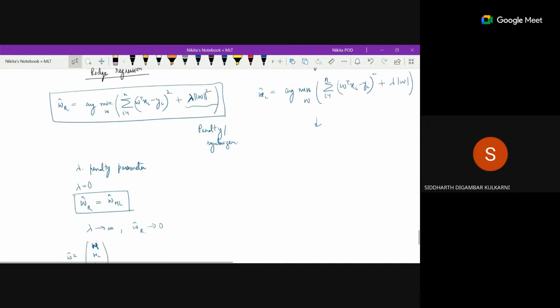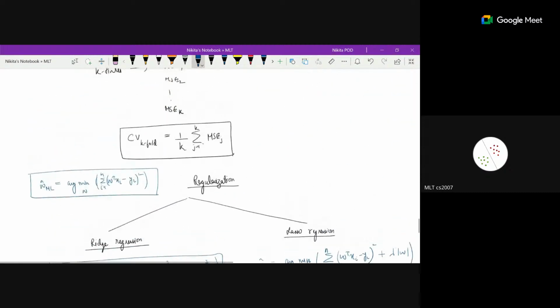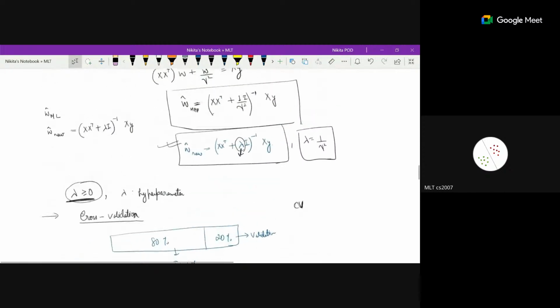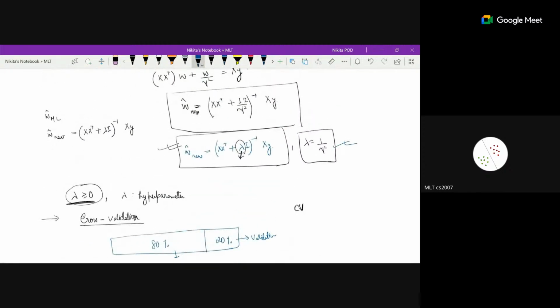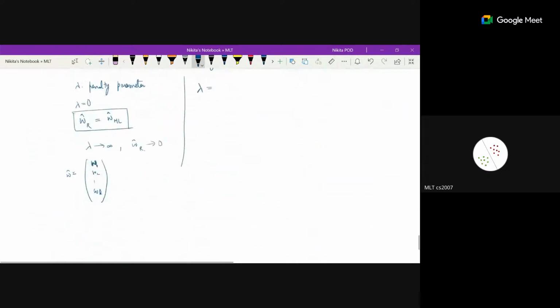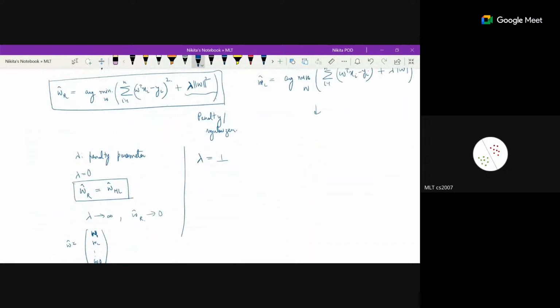What about lambda, madam? What will be the effect of lambda on this? Lambda, as we see from these two, was nothing but 1 upon gamma square when we solved this problem, and gamma square was basically the variance, right? In case most of our features are redundant, your W will go towards 0, right?